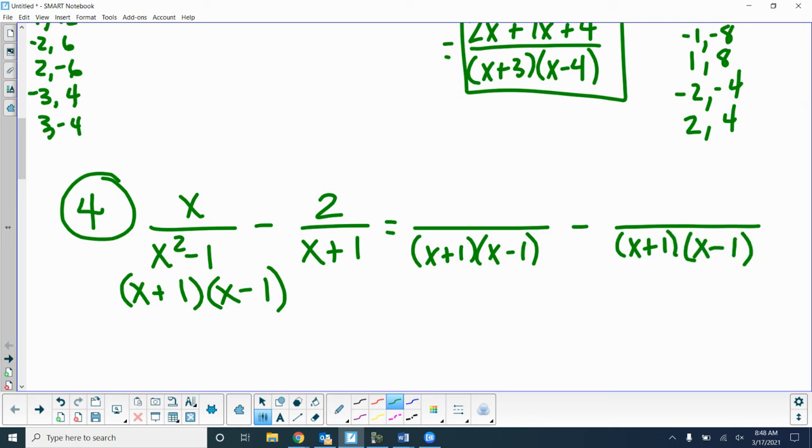Again, this first fraction's denominator is the same as my common denominator, so nothing changes for my first numerator. The second denominator was x plus 1. I multiplied by x minus 1, so that's what I have to do there. Why put x there? What should I put there? 2. Sorry.